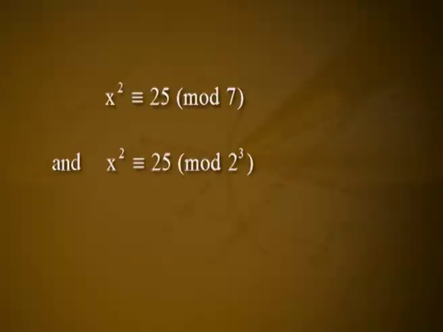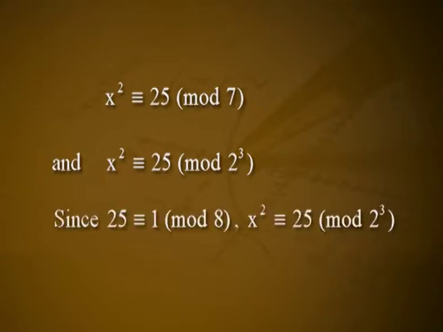Example 3. Does the congruence x² ≡ 25 (mod 56) have a solution? The given congruence is equivalent to the simultaneous system of congruences x² ≡ 25 (mod 7) and x² ≡ 25 (mod 2³).